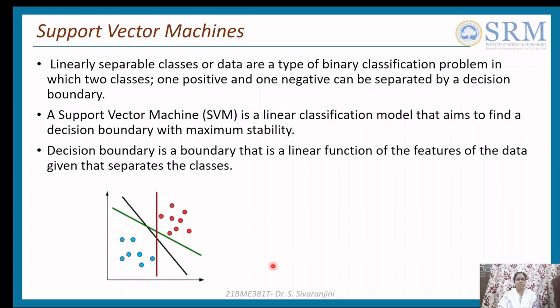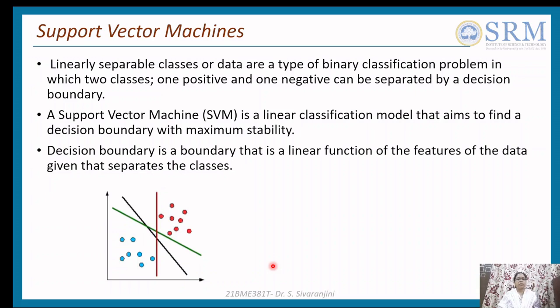What does maximum stability mean? The decision boundary is a linear function of the features of the data that separates the classes. Instead of simply separating the two classes, the SVM tries to separate them with the maximum possible margin.